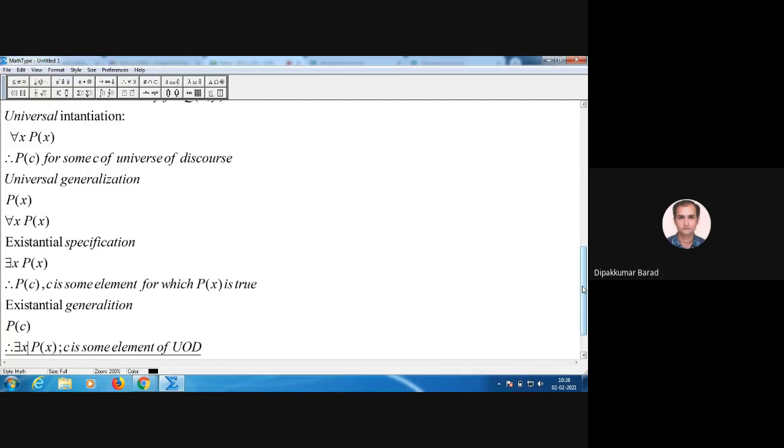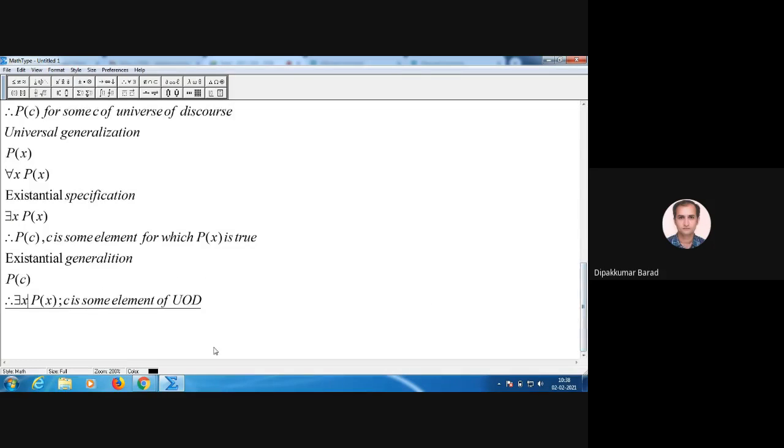Here x is not a free variable. And then existential specification and existential generalization. So these are the four. Now I want to write the negations of quantified statements. Okay, now next one.